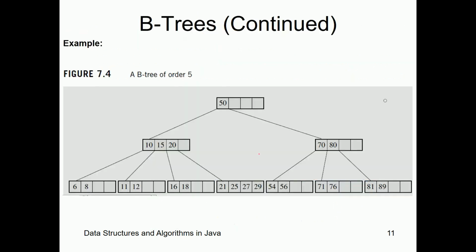Now let me show you a B-tree. That's an example. A B-tree of order 5. What does this mean, order of 5? 4 keys at max, and 5 children. Okay, you get it.